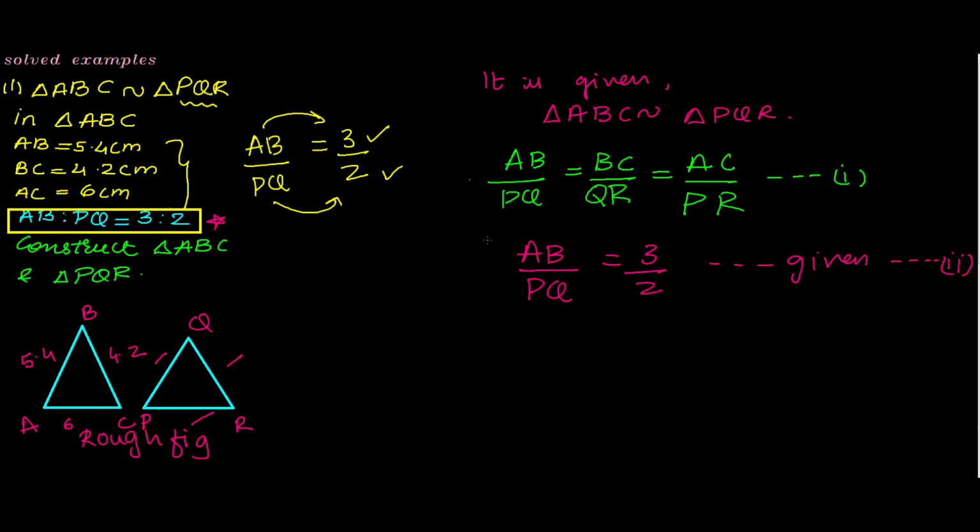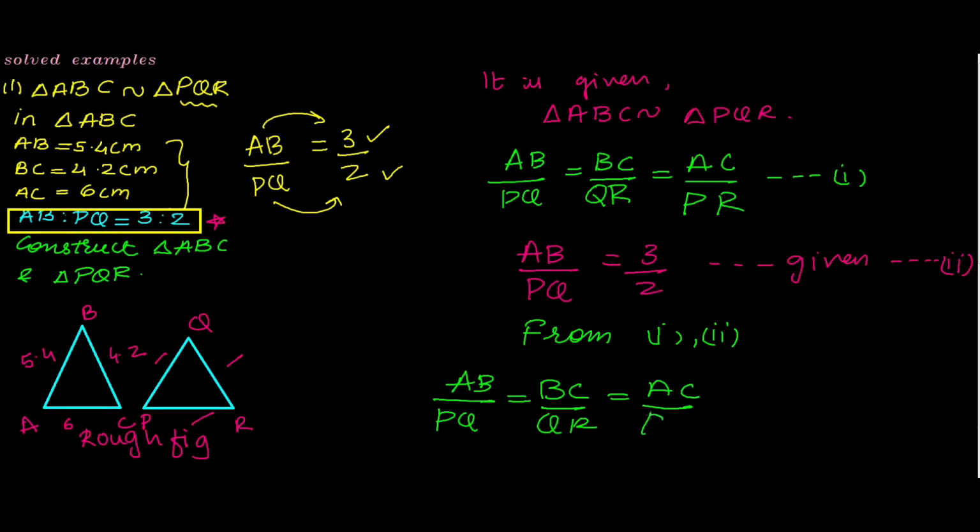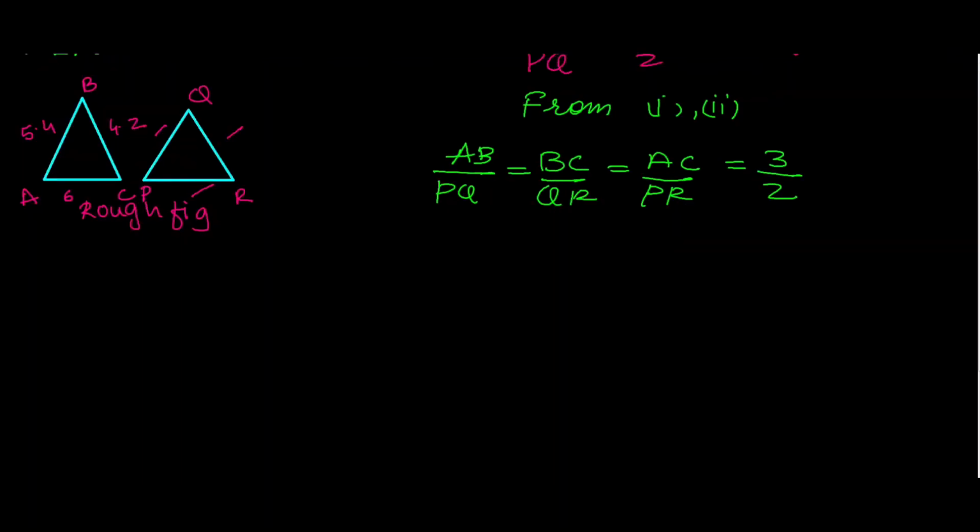Now from statement number 1 and statement number 2, what we get is AB upon PQ is equal to BC upon QR is equal to AC upon PR and is equal to 3 upon 2. So this ratio will be equal for everyone.